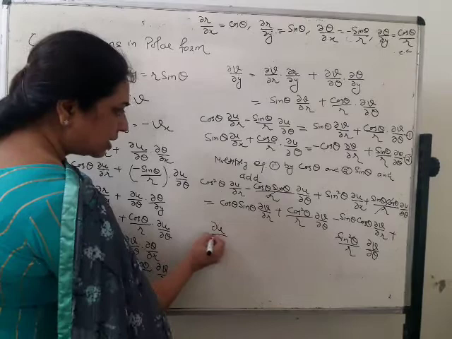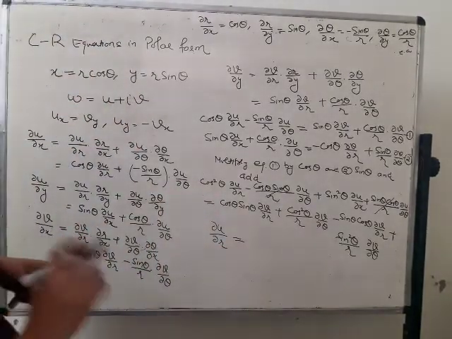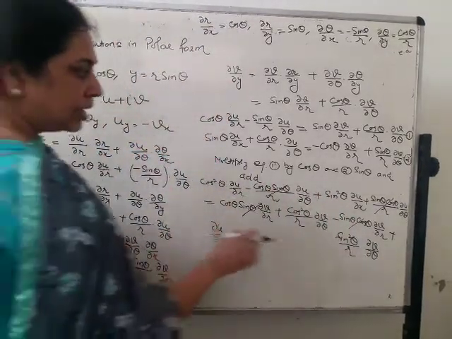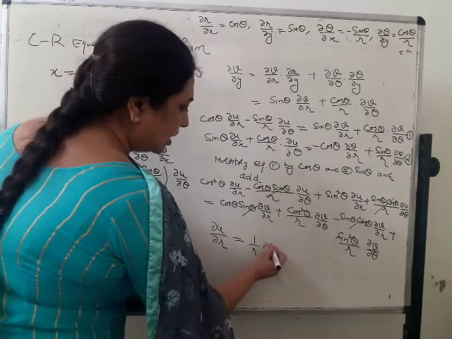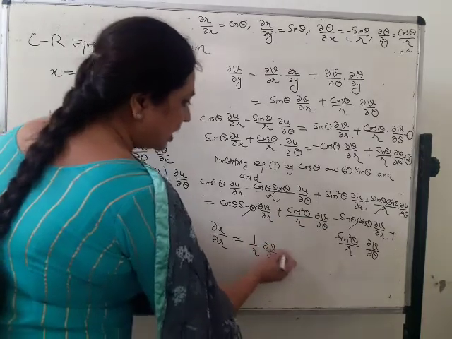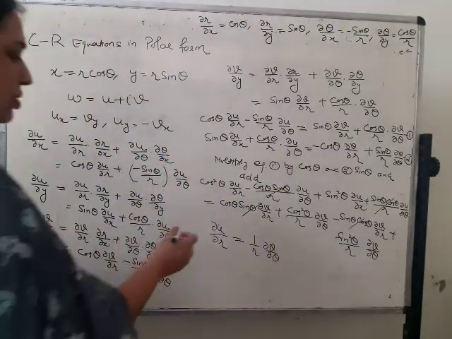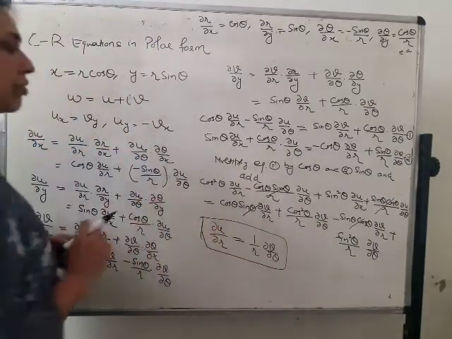So we get ∂u/∂r is equal to, in the right hand side this term cancels out with this one, and we are left with 1/r ∂v/∂θ, as cos²θ plus sin²θ is 1. So this is the first equation in polar form.